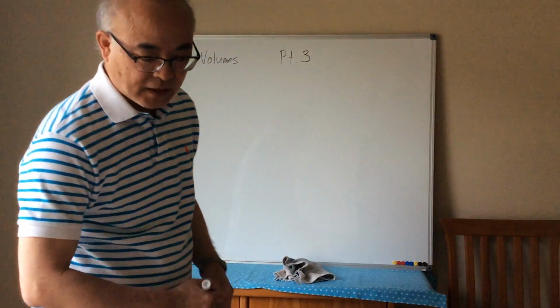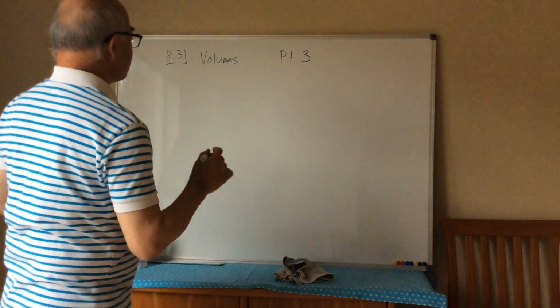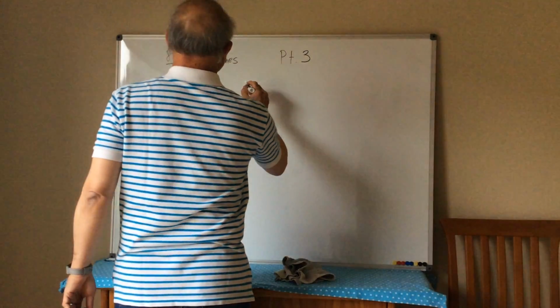In the exploration, it says we are trying to find the volume of the parabola y = 3x minus x squared.